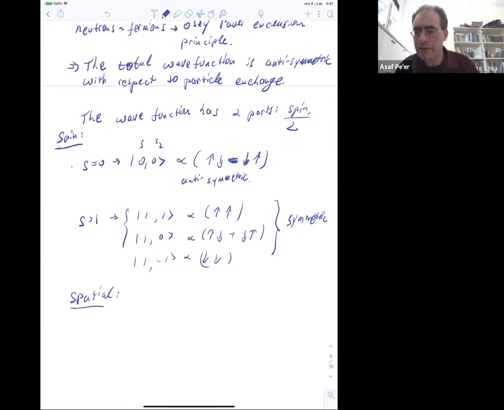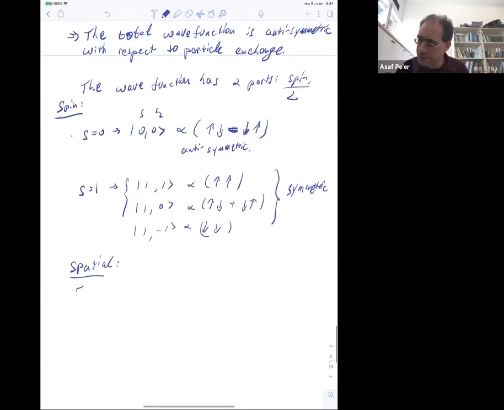If I'm exchanging the two particles, it's really equivalent to applying a parity transformation.